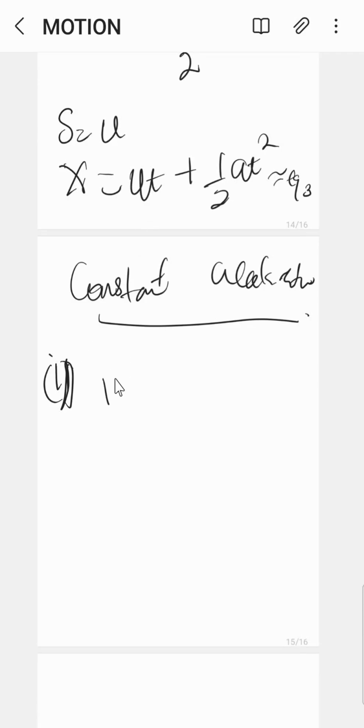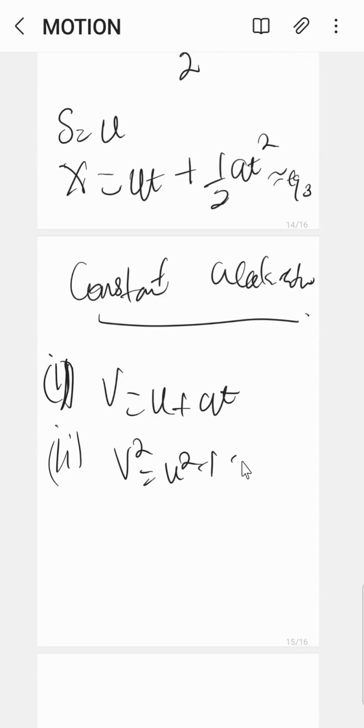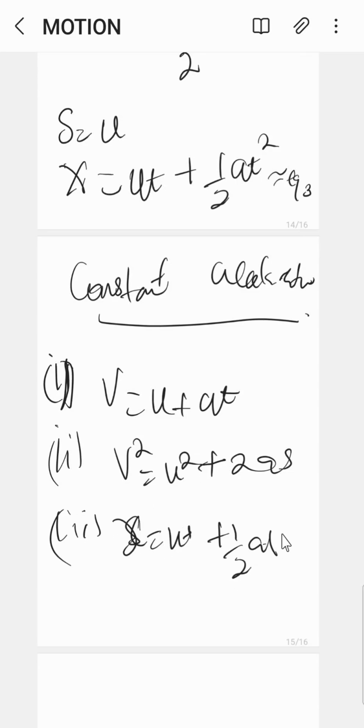We are going to write them like that. So we can say x is equal to ut plus half at squared.